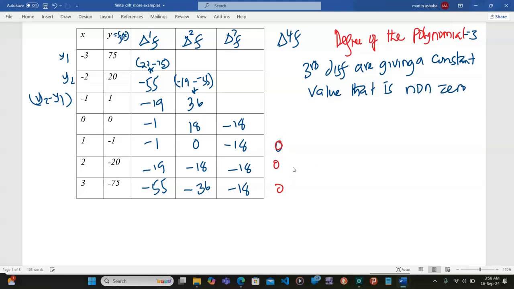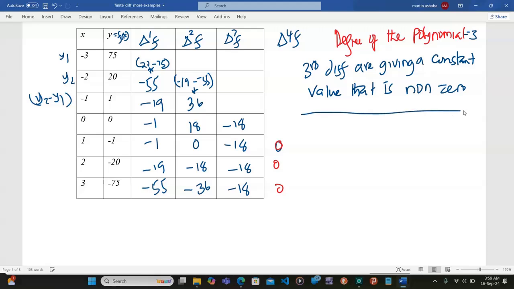So we cannot say that this data was obtained from a polynomial of degree 4 because these values are zero. But we can say they were obtained from a polynomial of degree 3 because the third differences are giving us a constant value that is non-zero.